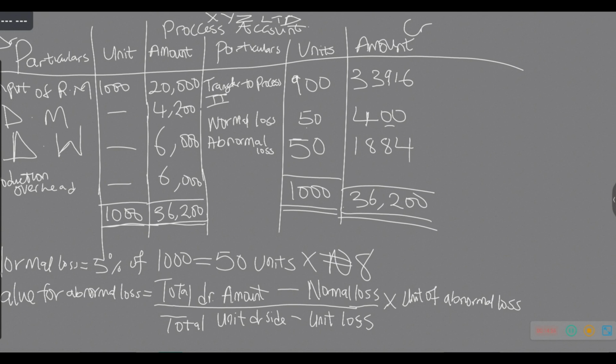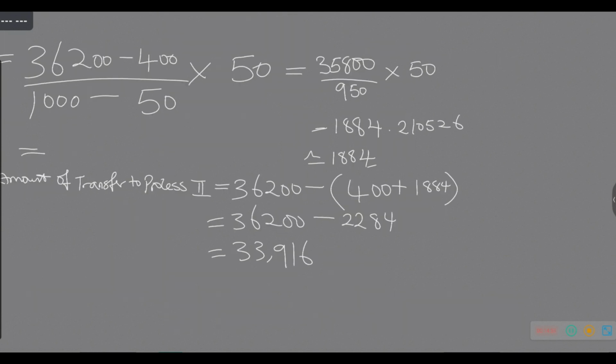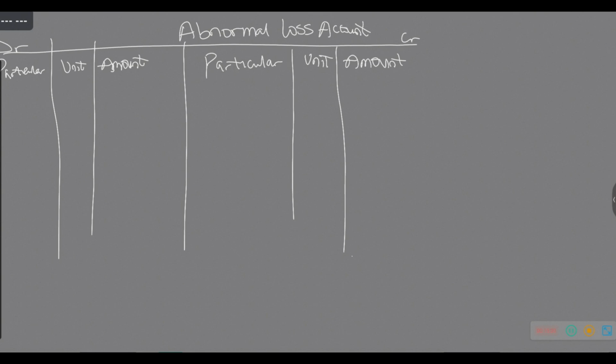So we're going to say to process 1. The reason why we are saying to process 1 is because we are treating this just like a personal account, and we are taking this abnormal loss to the process 1 account. So from the process 1 account, we are taking it from the credit side to the debit side of the abnormal loss account.